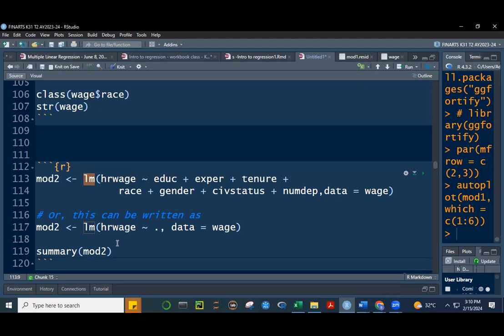If you run it, what happens? Are you able to generate model 2? We should check your environment. If there's a data there in the environment, then that means that you were able to run it.